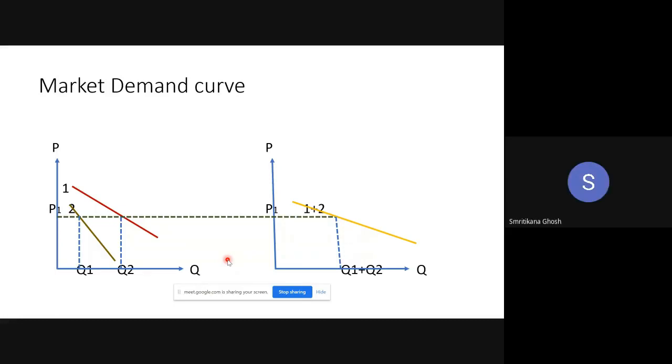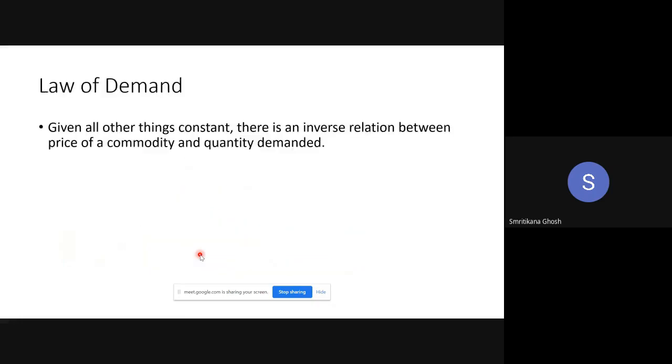Yes, that is the thing. That is what I was telling. Here price is the explanatory variable and Q is the dependent one, that is how we are doing that. If price is changing, how will the quantity demanded change. The law of demand is also like this. Between the price of a commodity and the quantity demanded, price is coming first.